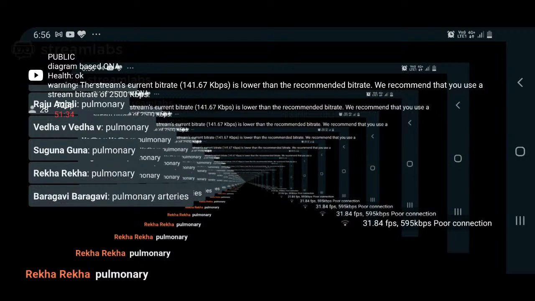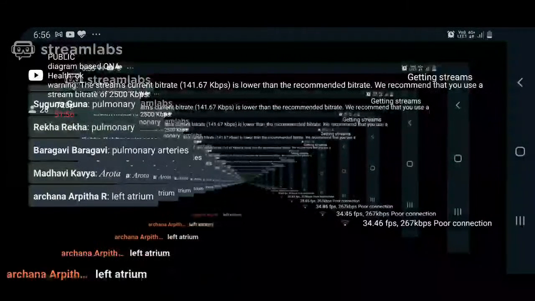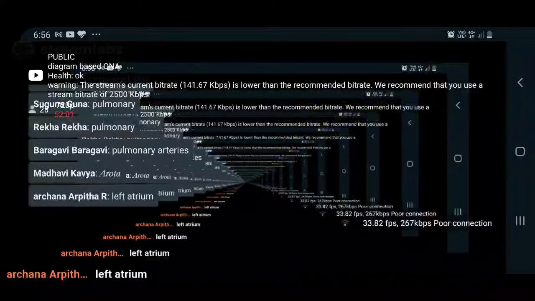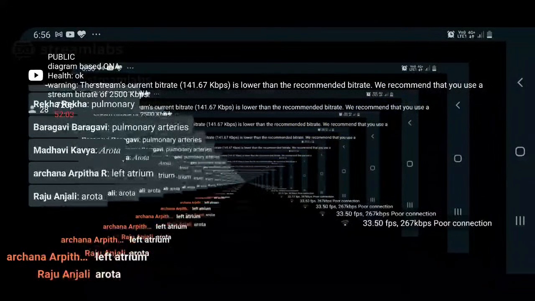Answered correctly for this question. The largest artery which carries blood from the heart is the aorta. Okay, cleared? Cleared all of you? Aorta is the largest artery which carries blood from the heart. Now, yes, all of you are answering correctly. Aorta is the right answer.